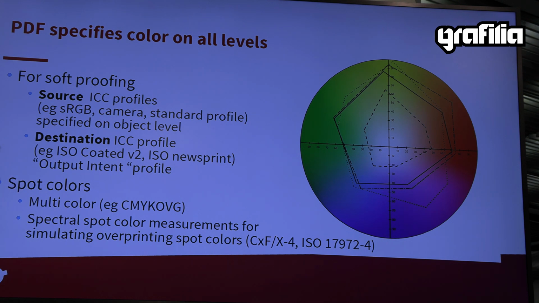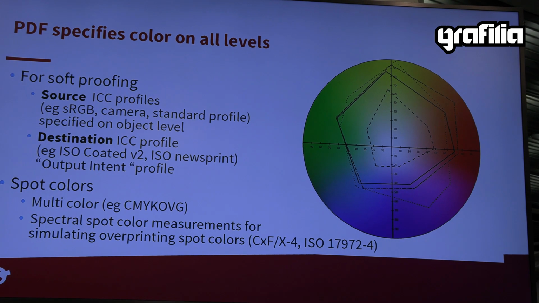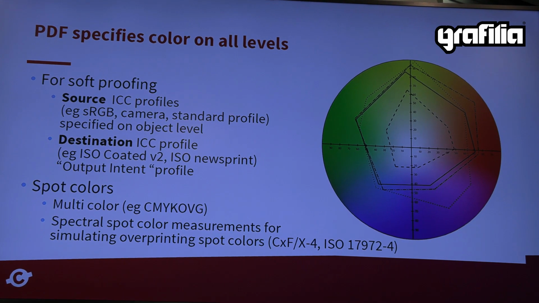And now this very PDF page shows up in a newsprint production, maybe as an advertisement, and a newsprinter wants to print it. Then he can use these two ICC profiles to soft-proof the image on screen and adjust it to the color space of his printing machine. So PDF is prepared for soft-proofing, and of course it has full support also for spot colors.